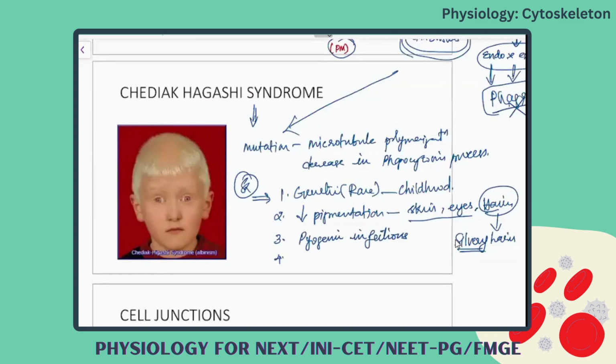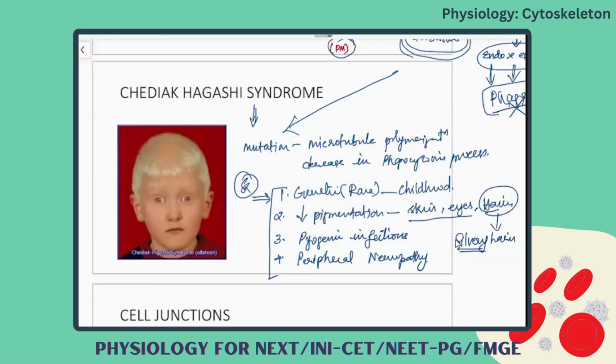The third one: microtubules, microfilaments, and intermediate filaments all have a major role in maintaining the stability of the cells, and this also results in peripheral neuropathy. Why are these symptoms happening? The microtubule maintains integrity and has the major role in the exocytosis and endocytosis process.